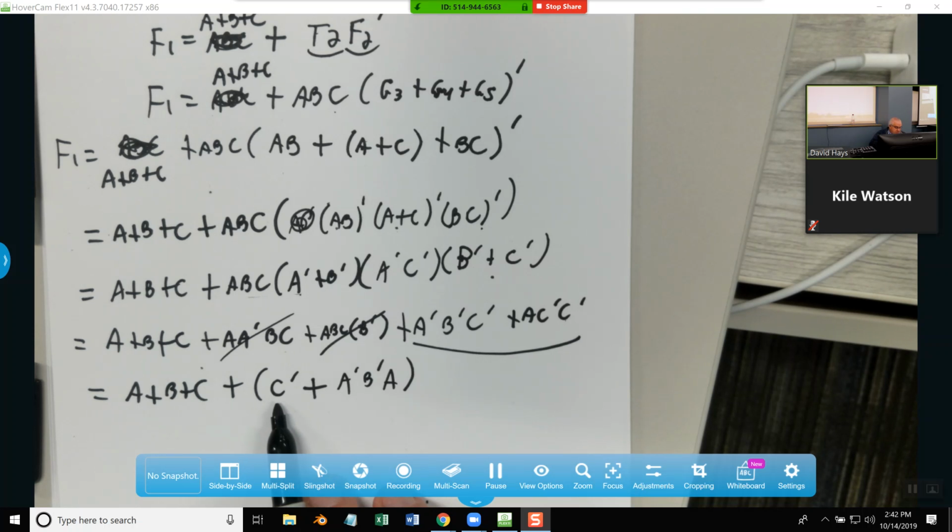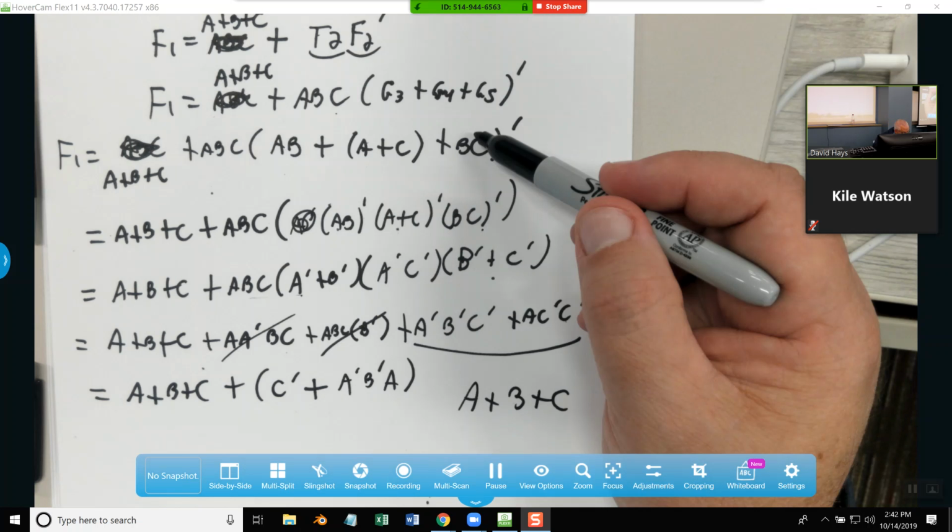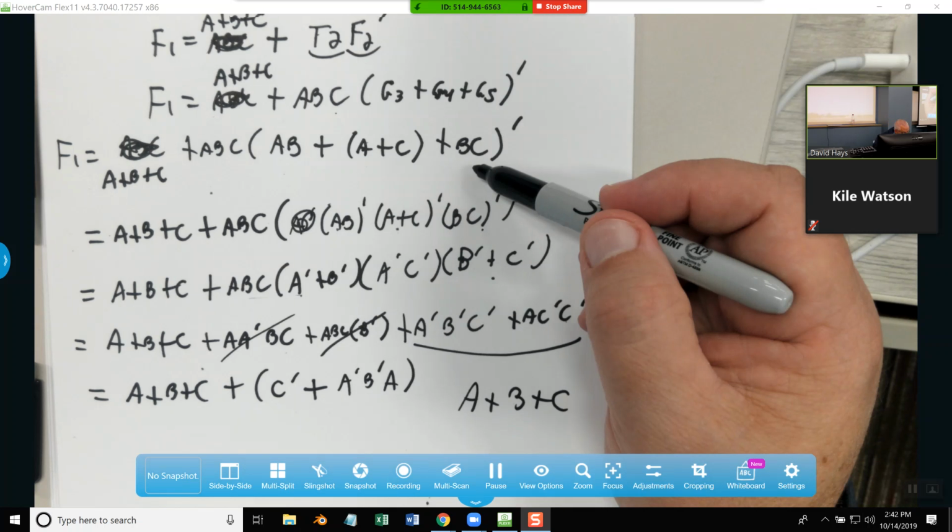T1 is equal to A or B or C. T3 is equal to T2 and that's F2, so it's F prime of 2.